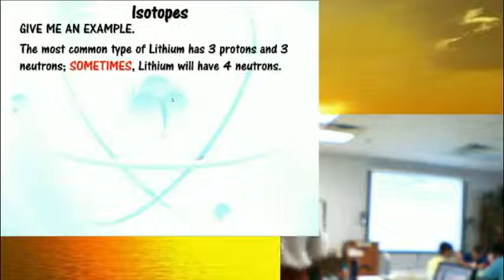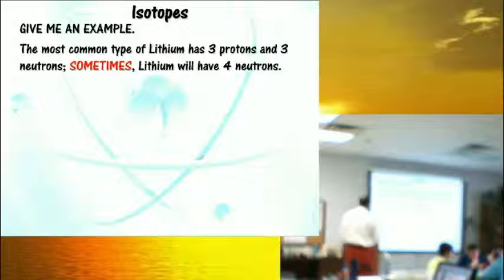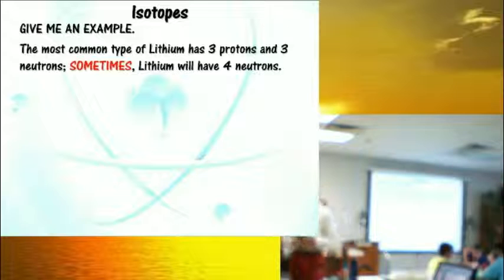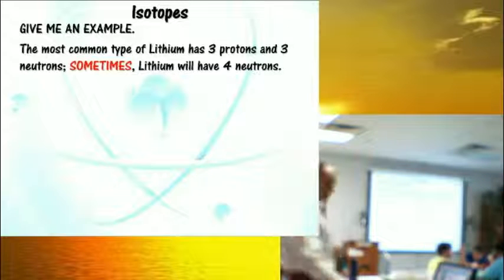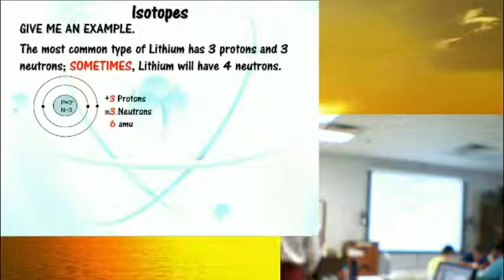Okay, let's look at an example. The most common type of lithium has 3 protons and 3 neutrons. Sometimes, however, lithium will have 4 neutrons. So, here is lithium that has a mass of 6.